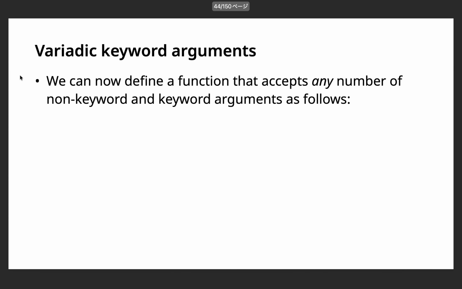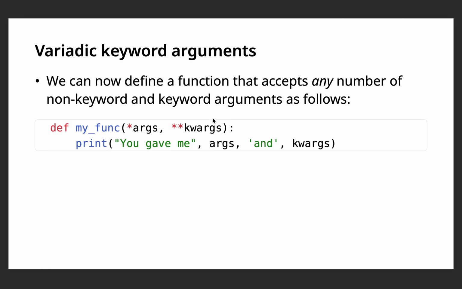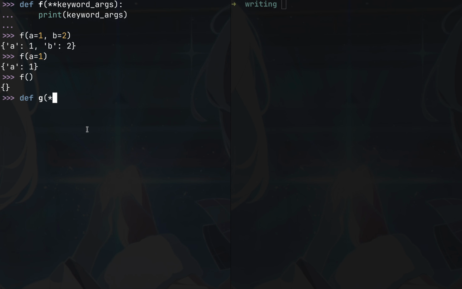Okay? So if we combine that idea with the single star, for any function, we can give it any number of normal arguments and any number of keyword arguments using this syntax over here. So now you have args and kwargs. This is for keyword arguments. And let's try that actually. args, double star kwargs. So we print out args and kwargs.